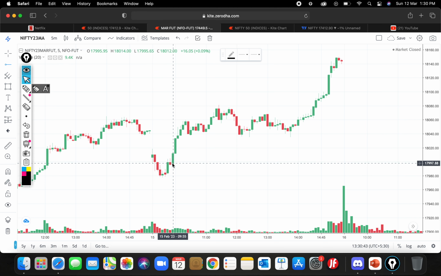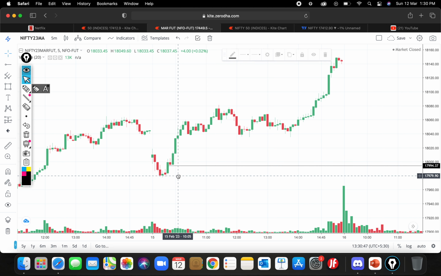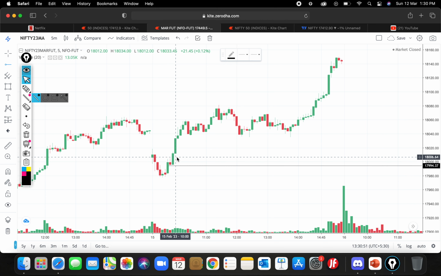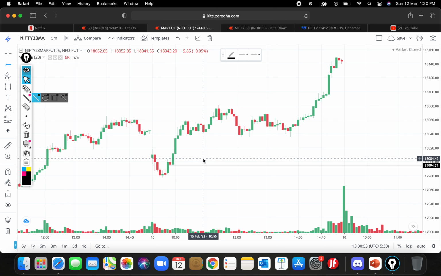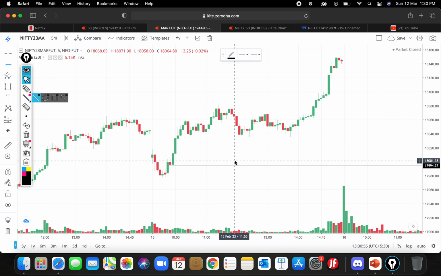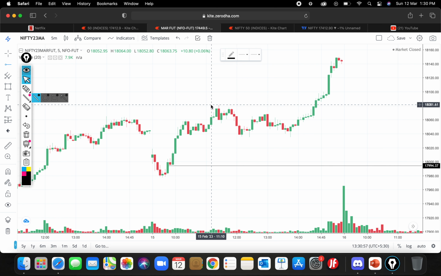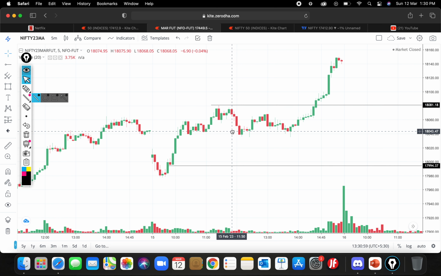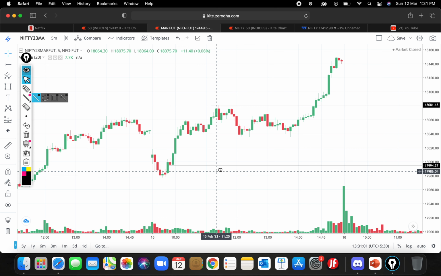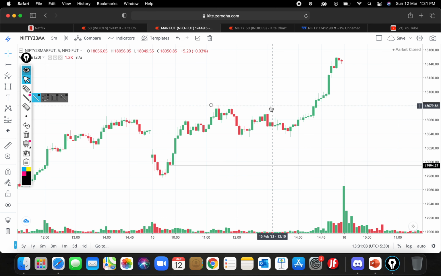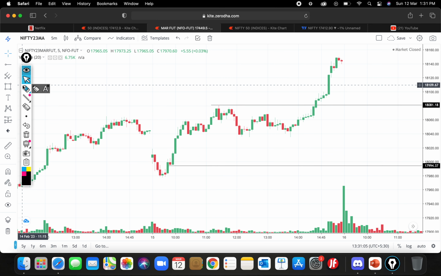Our support was confirmed right here in this candle, while this was a previous swing low. So this is where a support was created. Then we'll be marking a resistance. A resistance was confirmed here in this particular candle, so this will be a resistance. Once our support and resistance are created, we'll be looking at the market structure inside our range.